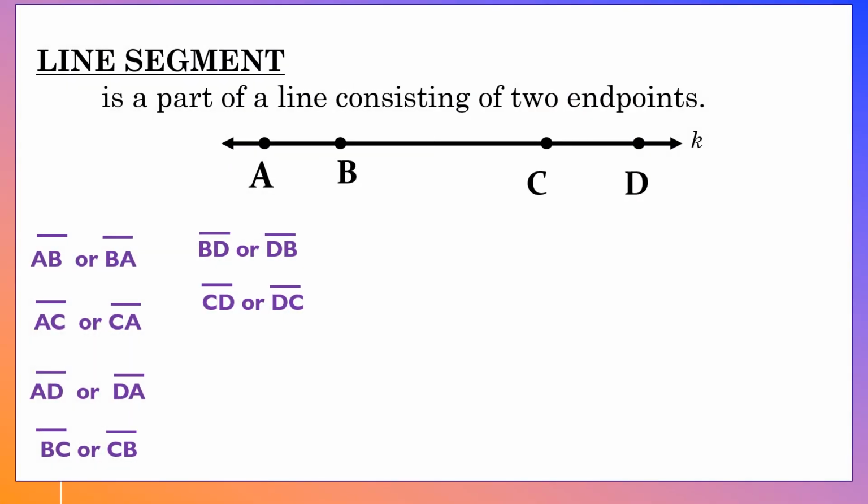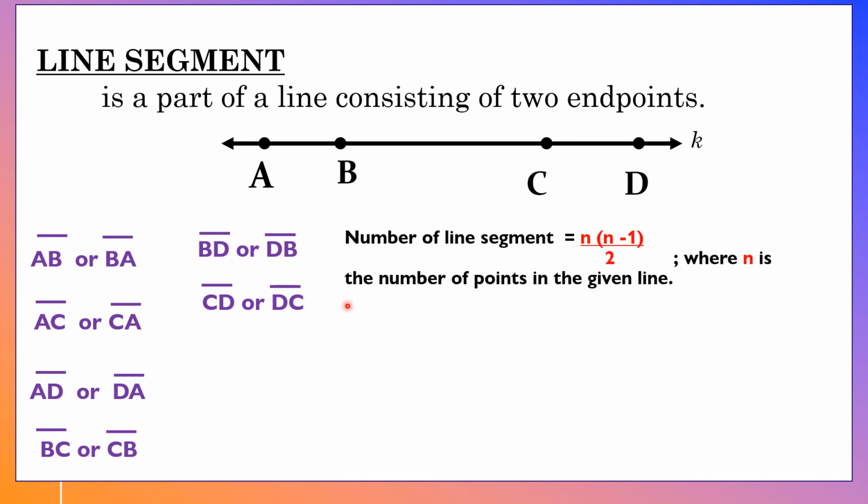From the given line, we form 6 line segments. To determine the number of line segments, we will use the formula n times the quantity n minus 1 all over 2, where n is the number of points in the given line. In our given line K, we have 4 points.